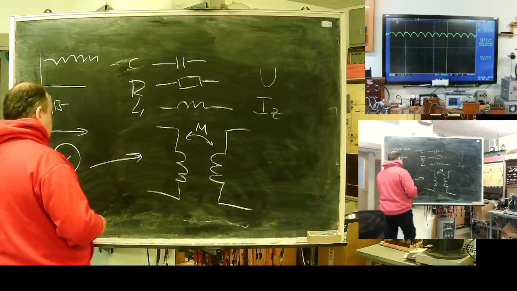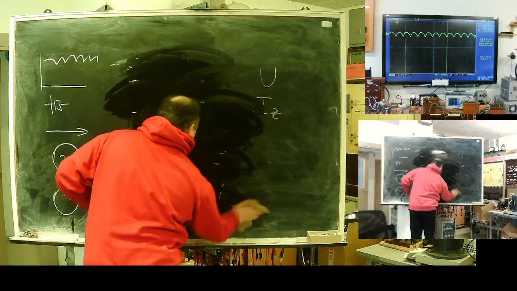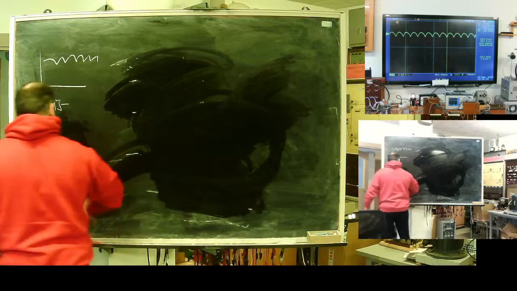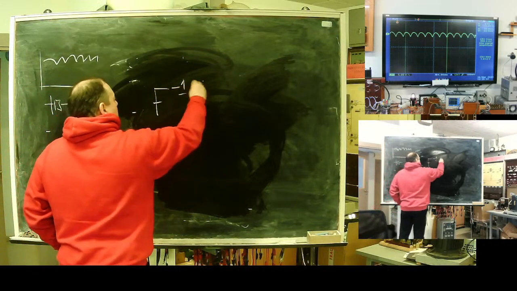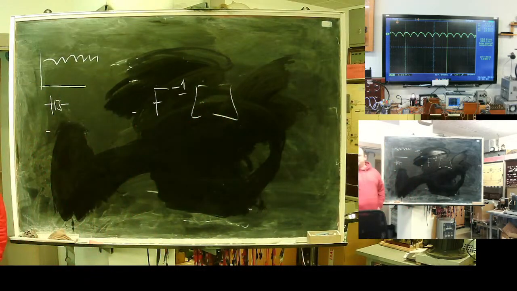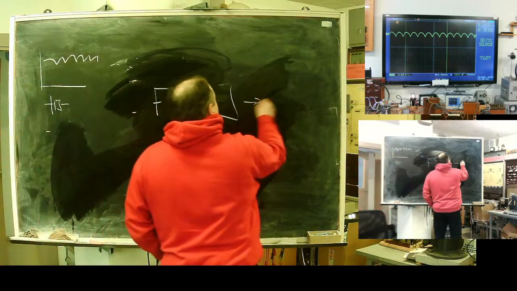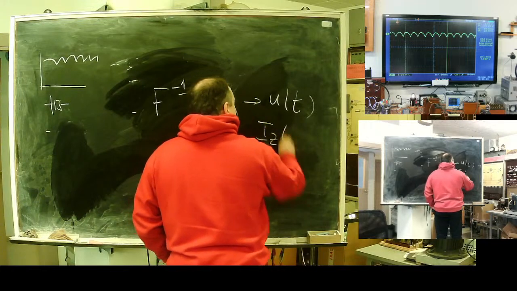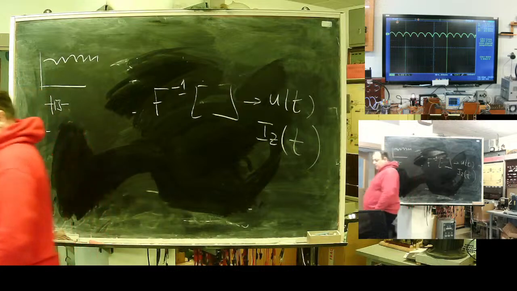My next step is to perform an inverse Fourier transform on this set. This will get me real voltages as a time function, real branch currents as a time function.